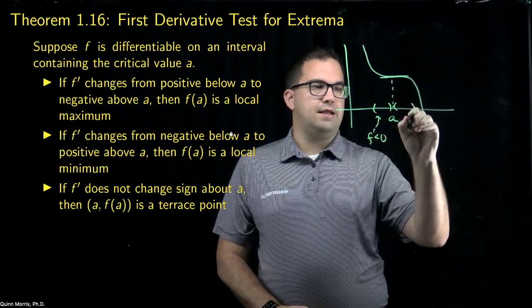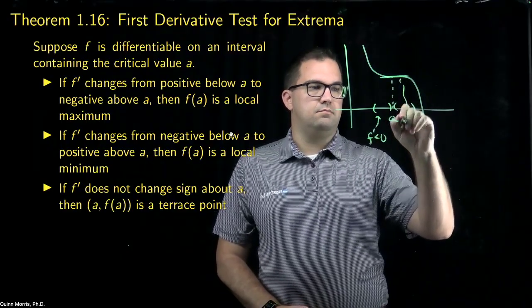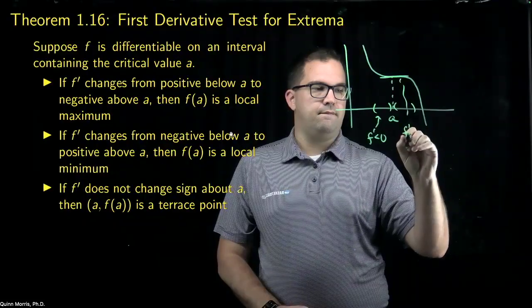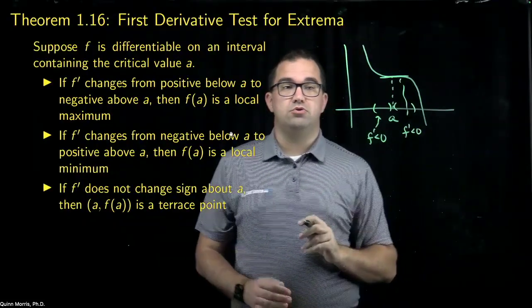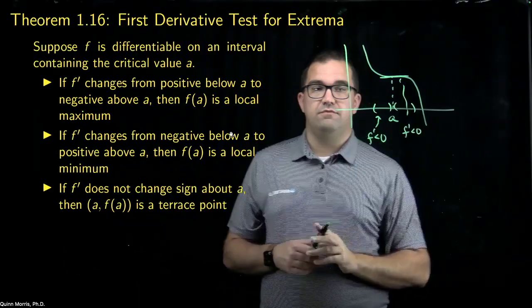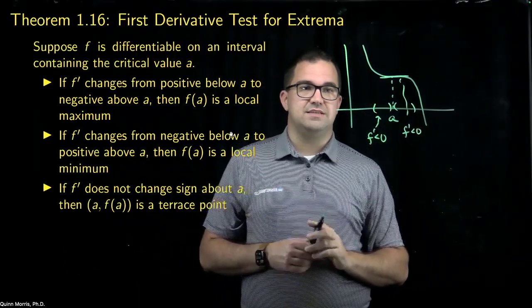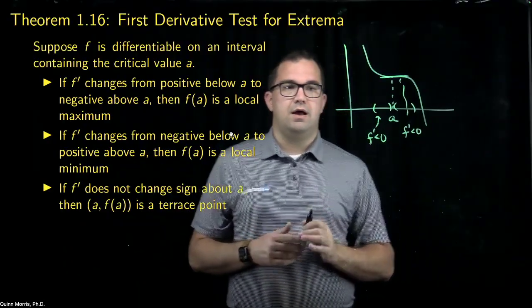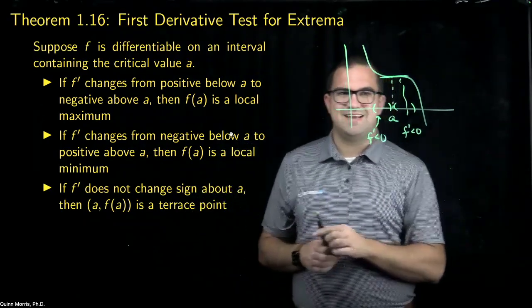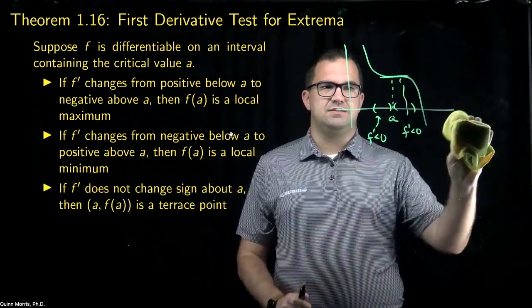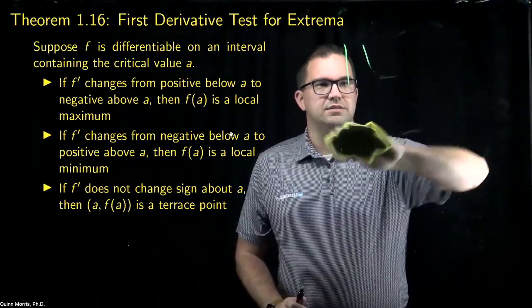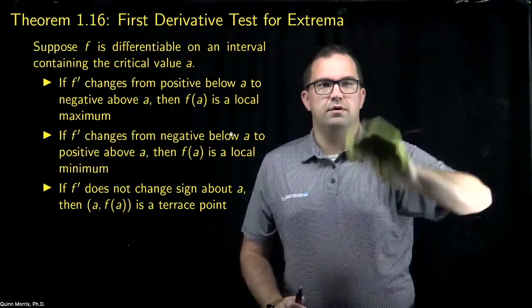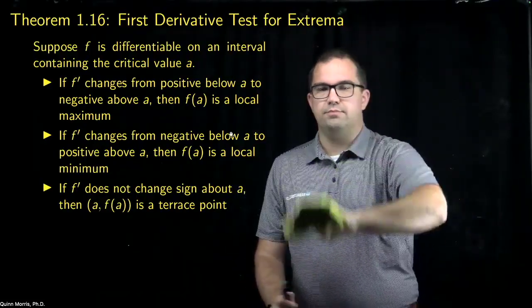And if I look on the right-hand side of this, my derivative is negative. So there's no change in the sign of the derivative, and therefore this is not a maximum or a minimum. And the book actually refers to this as a terrace point. That's sort of a non-standard term, but that is what the book is using here.